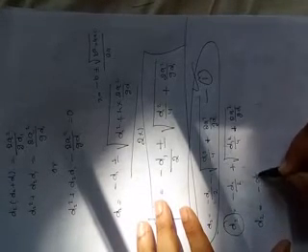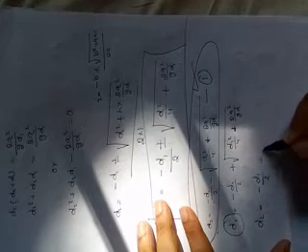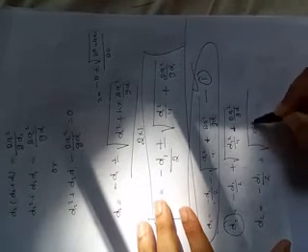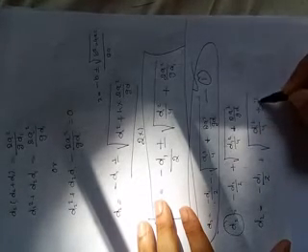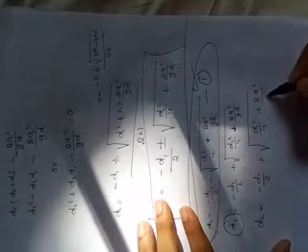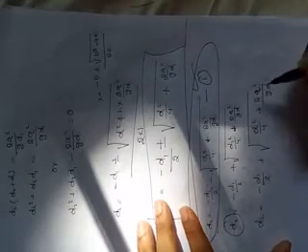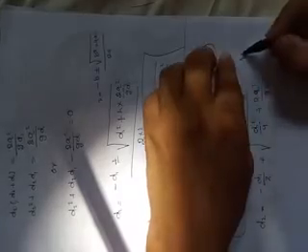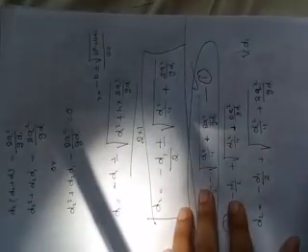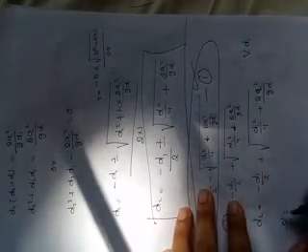d2 is minus d1 divided by 2 plus root over d1 square divided by 4 plus 2q square divided by g d1. Instead of q square you can put v1 into d1, because you know q is equal to v1 into d1.